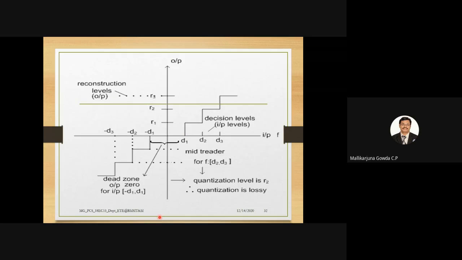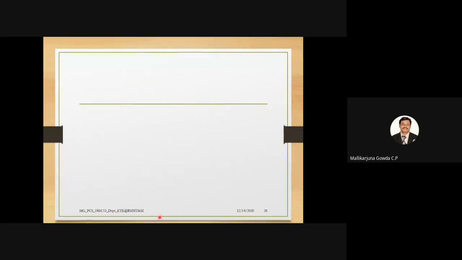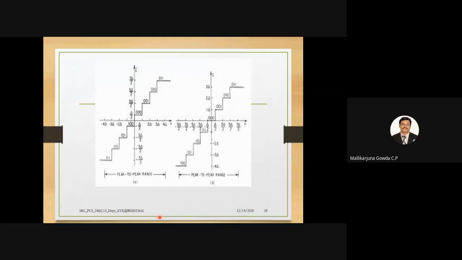So I will go back to that. Here also I have taken another example. Both this mid-rise type and this mid-tread type, how will they be divided? This is the peak-to-peak range, which is not clearly visible; I'm just reading it out and saying.